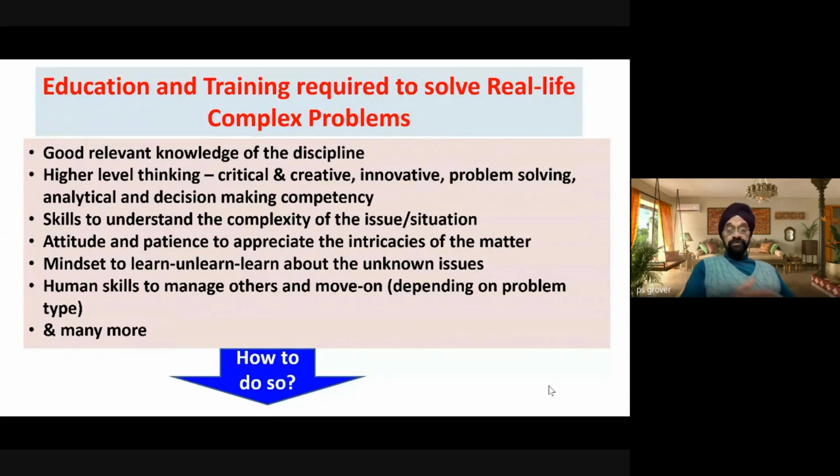A mindset of not leaving things in between. A mindset to learn, unlearn, and relearn. That means what we have learned all our life may not be relevant in many situations. So please appreciate the kind of skills required to solve modern day real life complex problems.